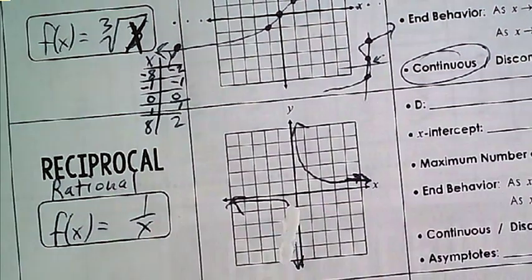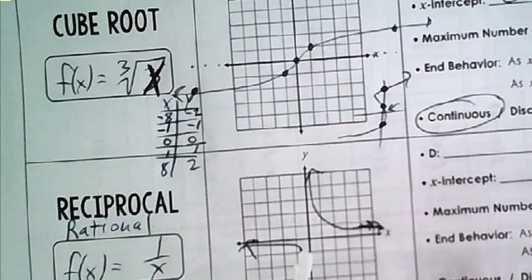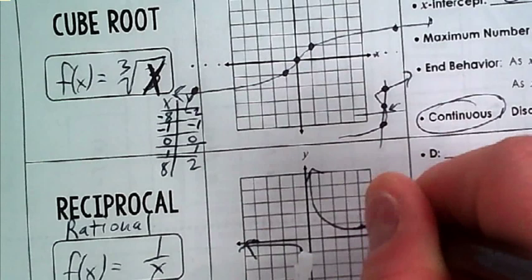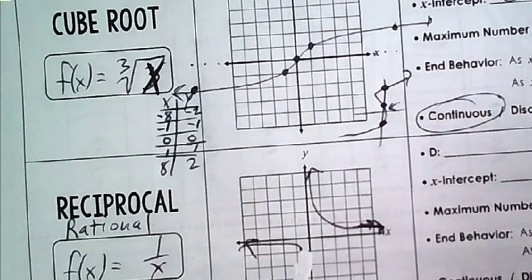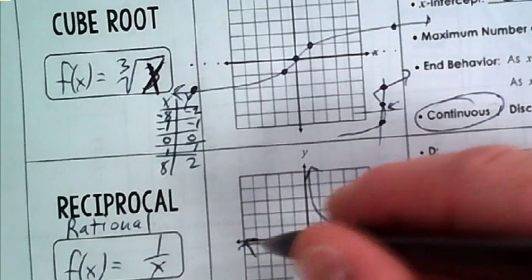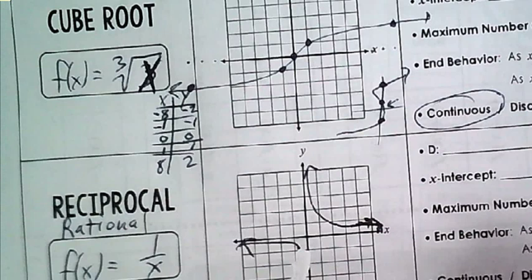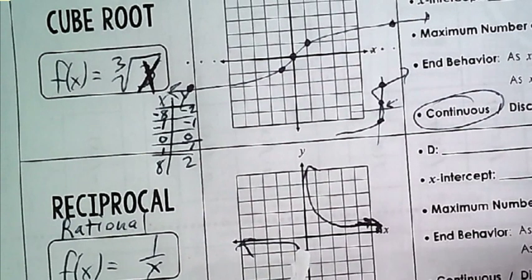I'll fill that in just a second. Yeah. All right, so what that means is that there's a break. The breaks are called asymptotes. What are the asymptotes? The x-axis and the y-axis are your asymptotes. So what are our asymptotes? X equals 0. That is the vertical, and that's really the y-axis.